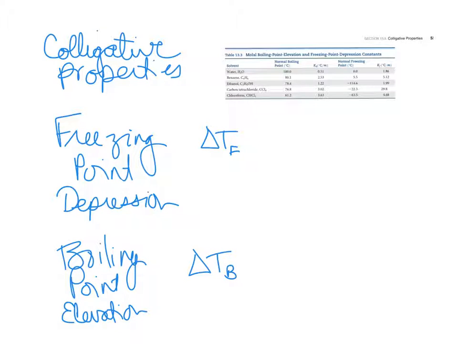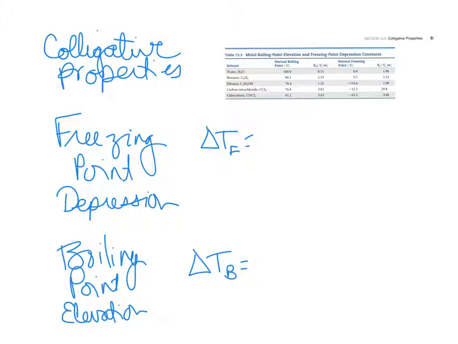And notice that it's a delta T. So what you're calculating is a change in the temperature. So you do need to know the original boiling point or freezing point in degrees Celsius in order to then add the change for boiling point or subtract the change for freezing point. So that's step one.